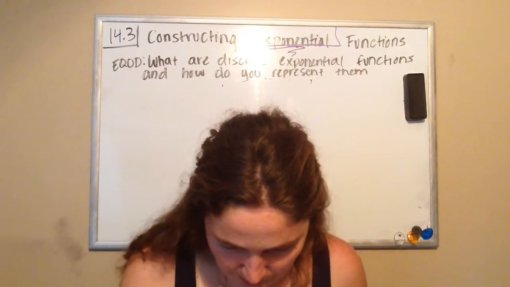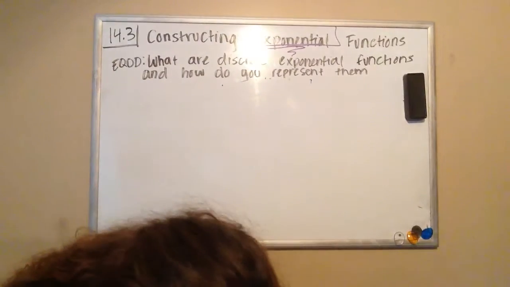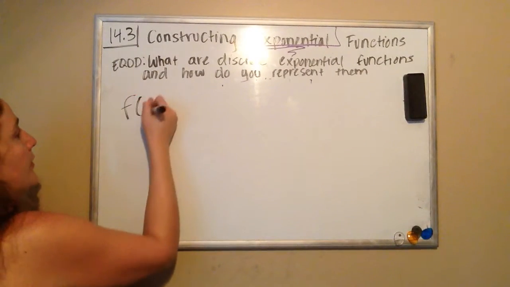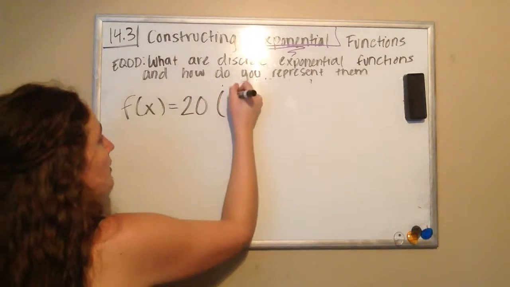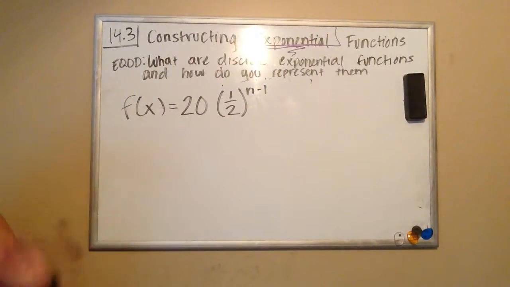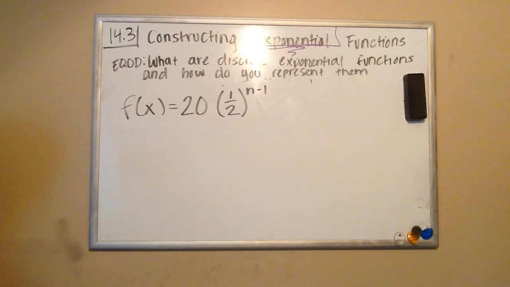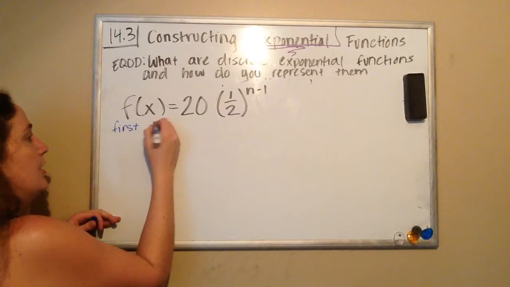Just want to get one with a specific domain. So if you're given an equation, let's say your equation says f of x is equal to 20 times 1 over 2 to the n minus 1. Okay, so you need to be able to pull out of this what is your first term of your sequence, and what is your ratio.